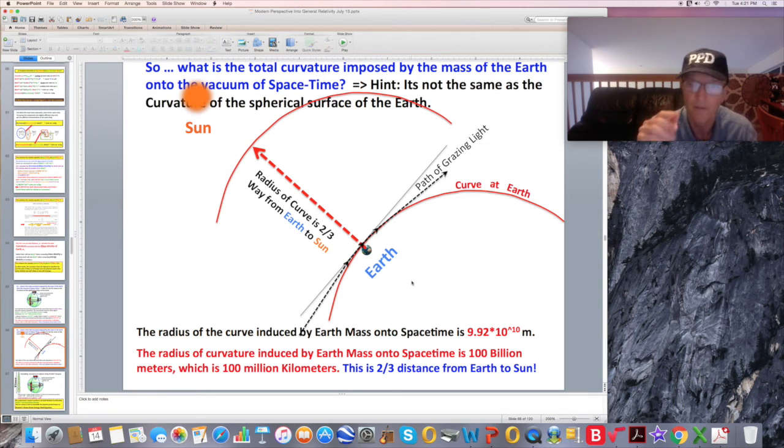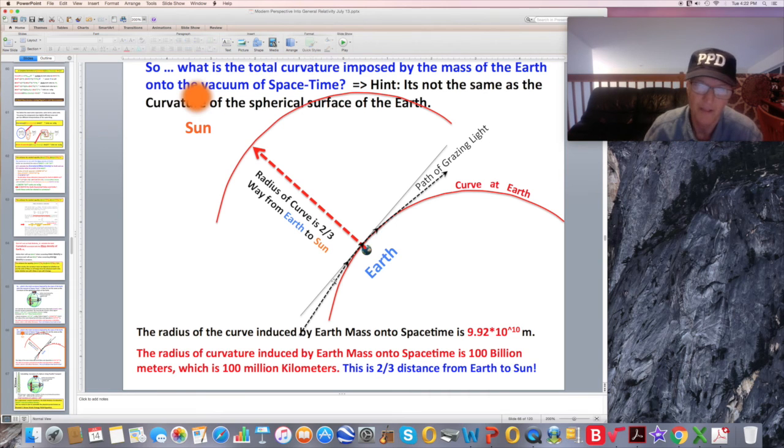Now when you get farther away from the Earth, the gravitational force gets less and less, so the curvature gets less and less. This is the curvature at the Earth's surface. So I drew a straight line here without any dashes, and then I showed the path of grazing light coming close to the Earth.